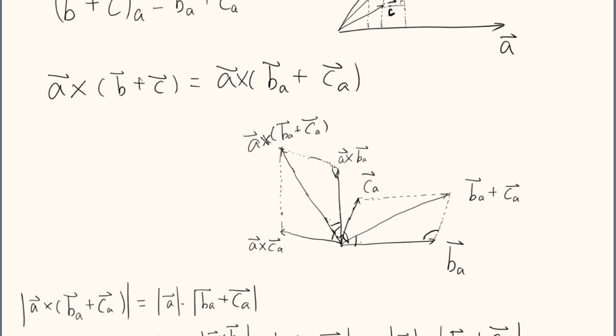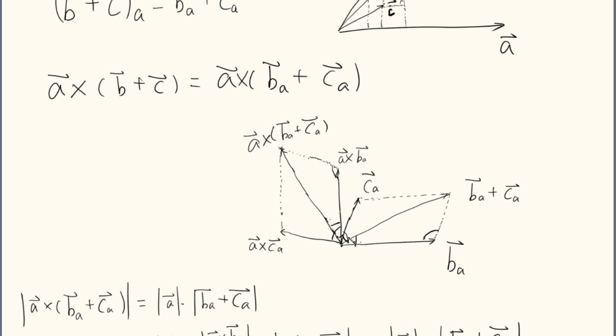First, let's prove the direction, whether these two are in the same direction. We know that this vector is 90 degrees to the left of this vector, and this is 90 degrees to the left of this vector.